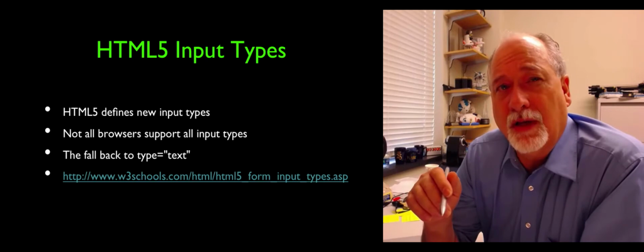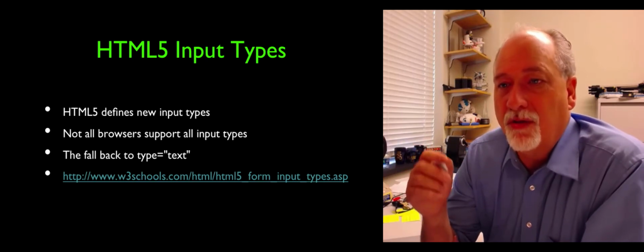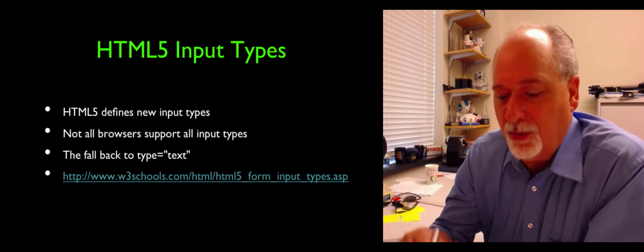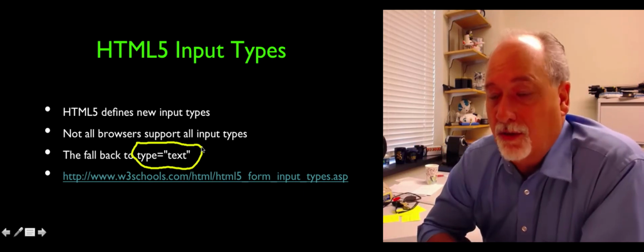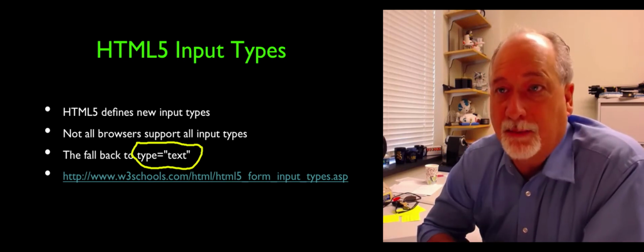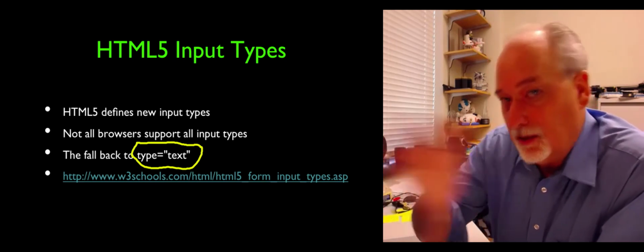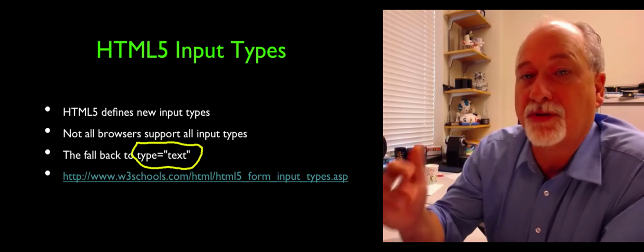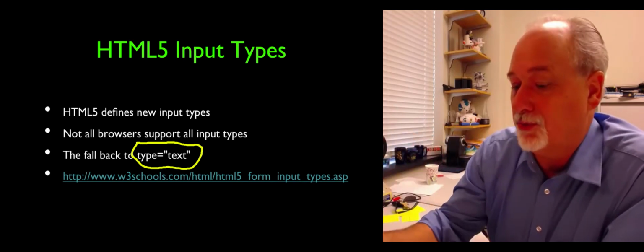But you can actually start using these somewhat with impunity because all the browsers treat an input type that they don't understand as if it were type equals text. So if you said input type equals Fred, that'd be like a text box. It'd be like, I don't know what to do, so I'm going to put this up as a text box. It's always been that way, long, long ago. The browsers didn't blow up when they didn't recognize the input type. They just treated it as input type text.